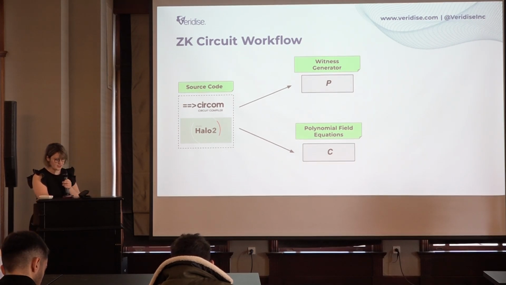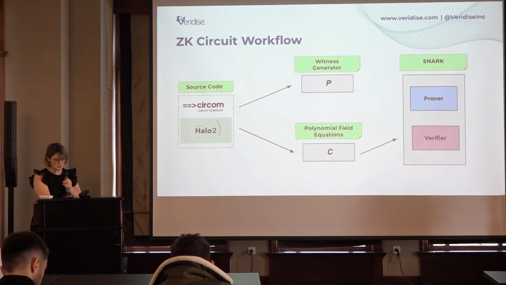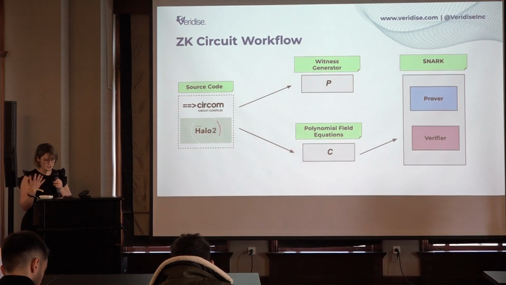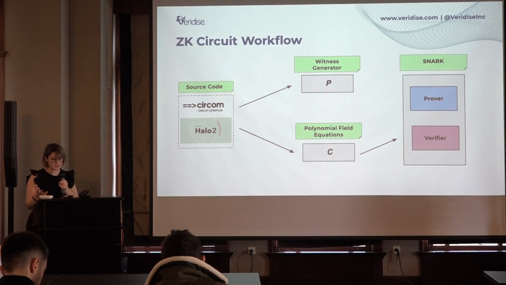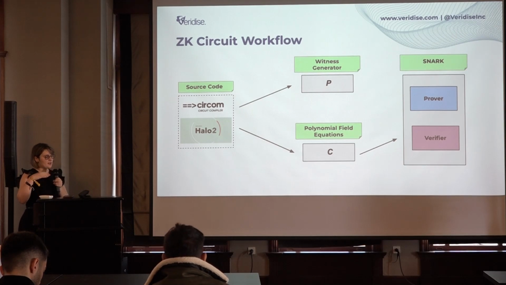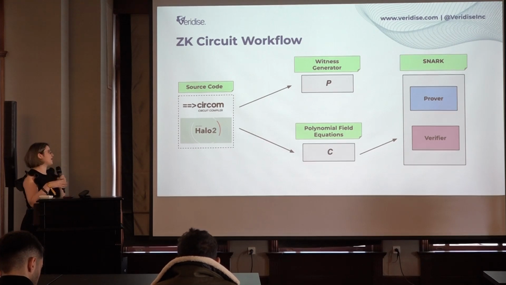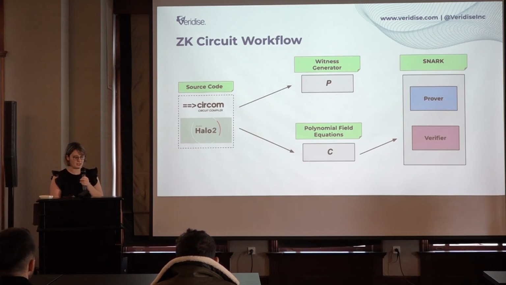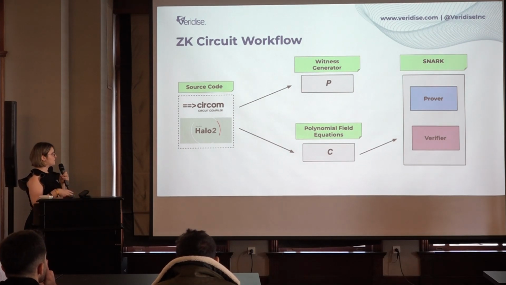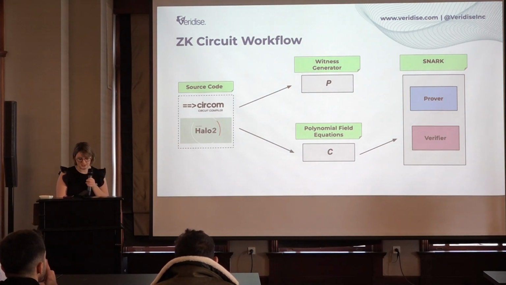The latter are used to generate two other entities, called the prover and the verifier, and they collectively are called a SNARK. The users implement these two entities in their application to send proofs and verify proofs.